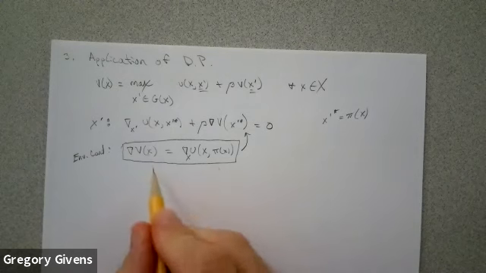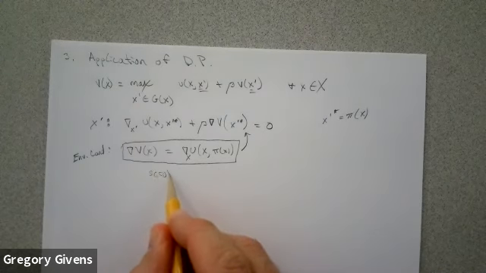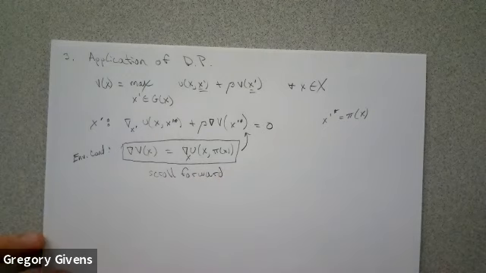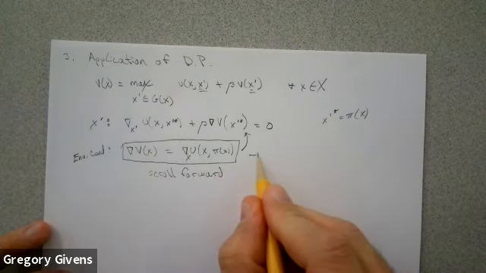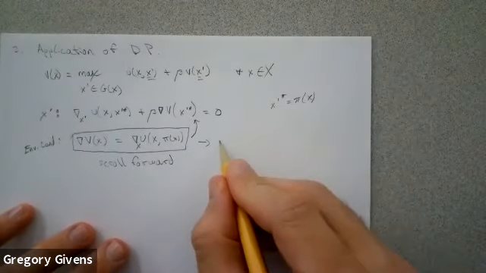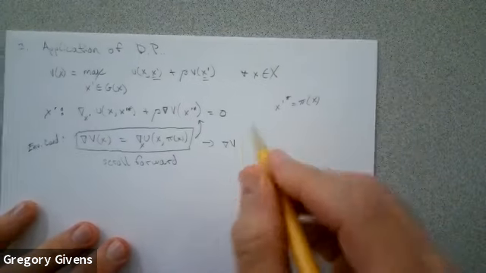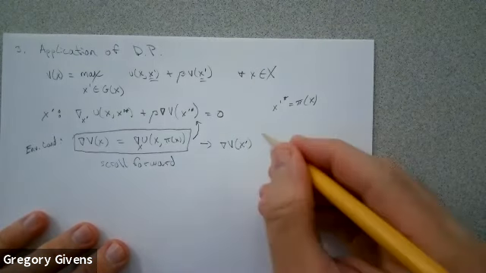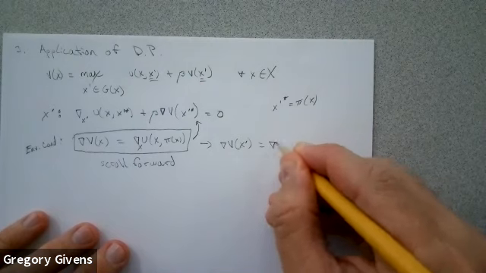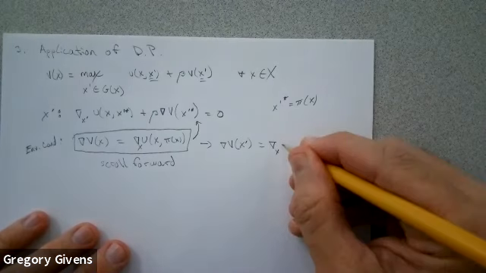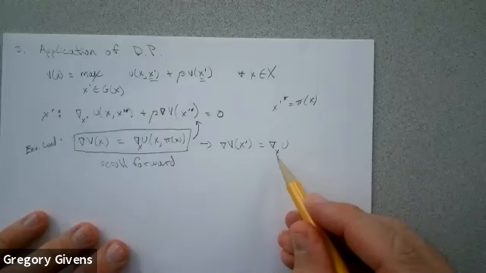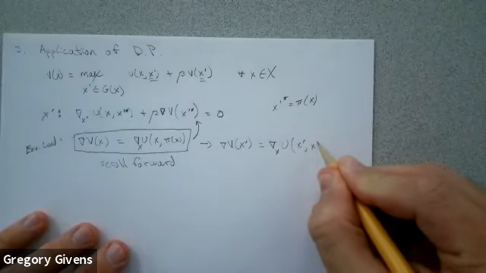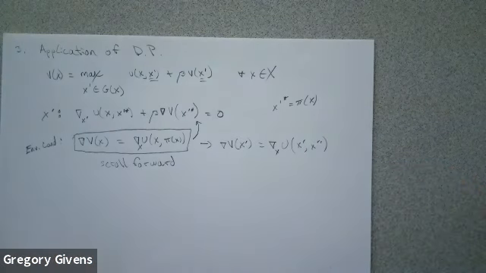We have to scroll forward the envelope condition. The gradient of V evaluated at x prime then should be equal to the gradient of u with respect to the first argument evaluated at x prime, and then let's call it x double prime. That is x two periods ahead.